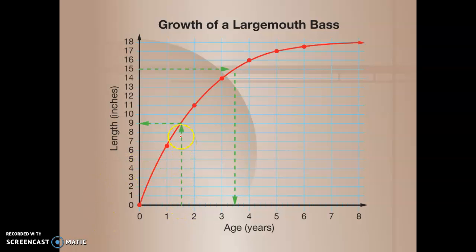At 1.5, we go up, the average length is right here at 9 inches. Or what's the average length of a bass at 3.5 years old? And we go up to the graph here and we can see it's 15 inches. Or we might ask, around what age does a largemouth bass reach 18 inches?